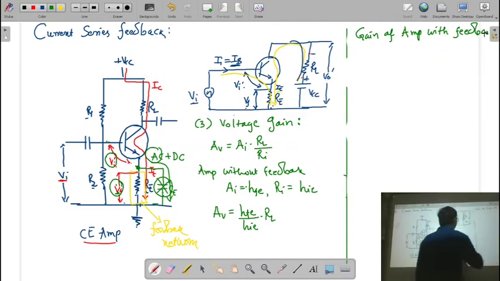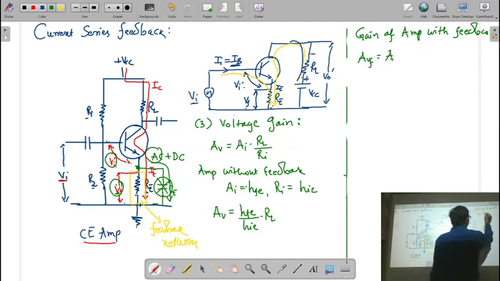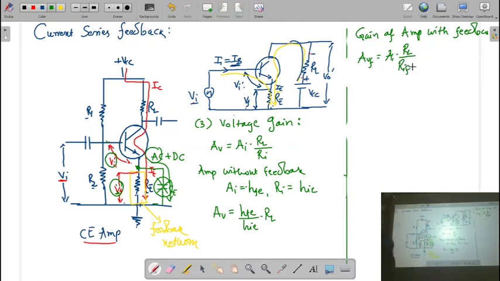So it is very simple. Again we use the standard formula AVF is equal to AI into RL by RIF. So the gain of the amplifier with feedback is equal to the current gain into load resistance divided by the input resistance with feedback.